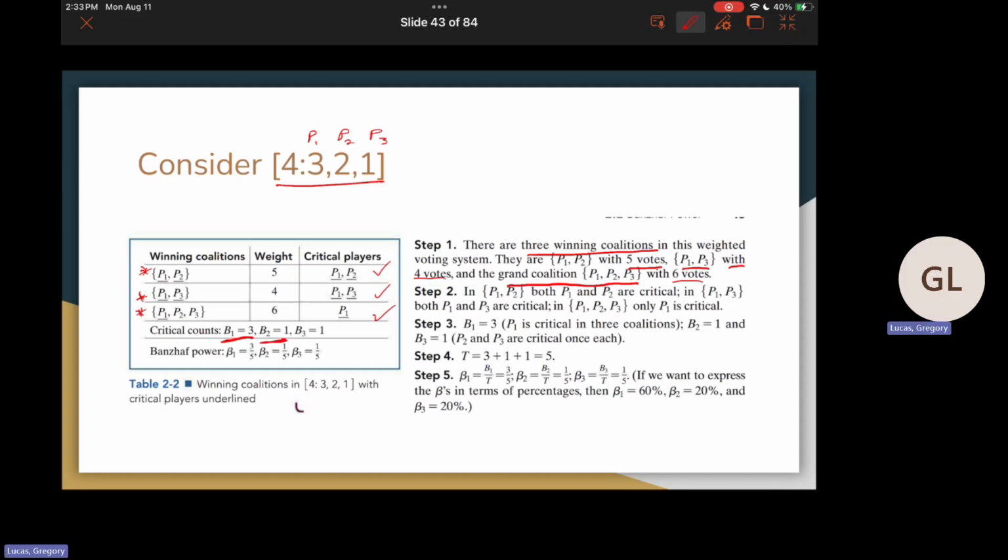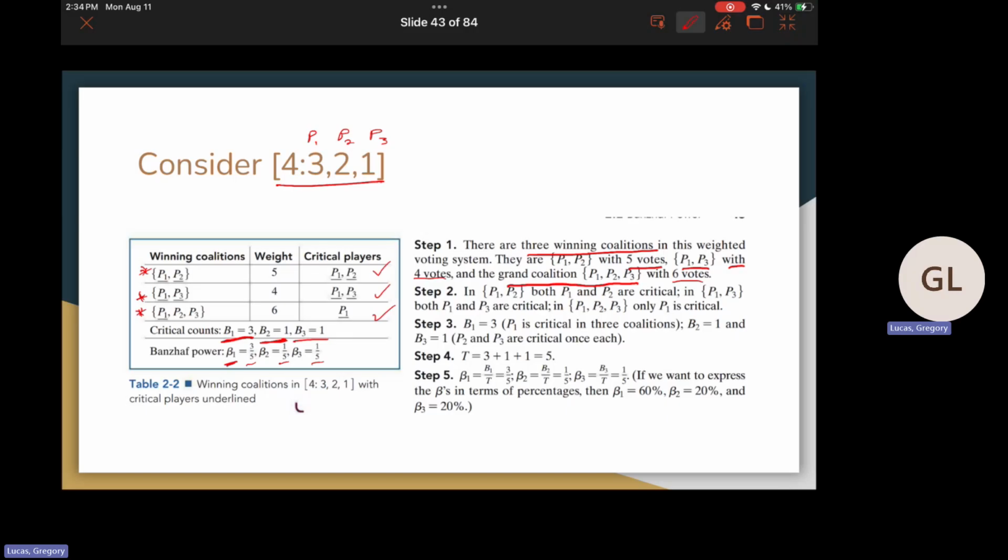Player 2 is underlined once, and player 3 was underlined once. So 3 plus 1 plus 1 is 5. So that means the total critical number, so all of my denominators here, will be 5. We find that number by adding them all together. And then my numerators, 3, 1, and 1.